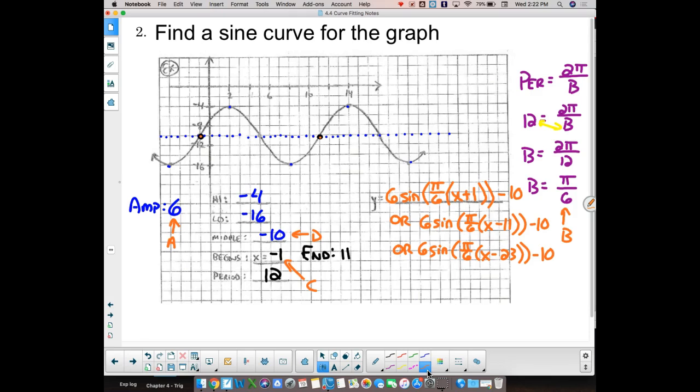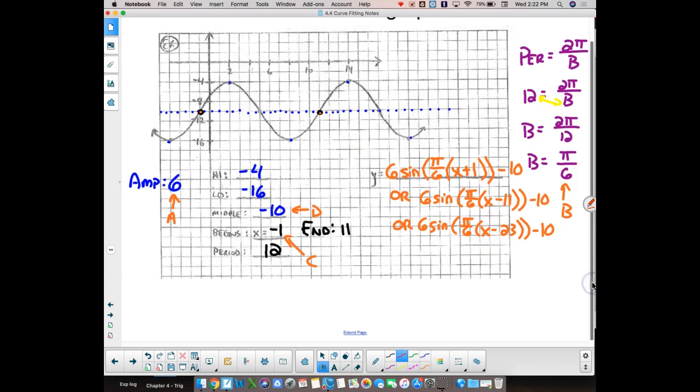Now, let's blow some minds. Could I have also started this function right there in the red circle? Because that's at the middle too, right? What changes if I start it there?